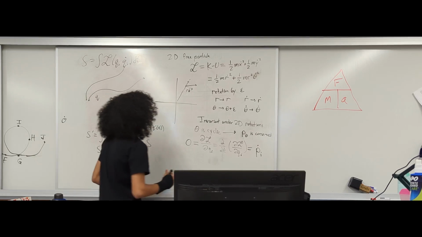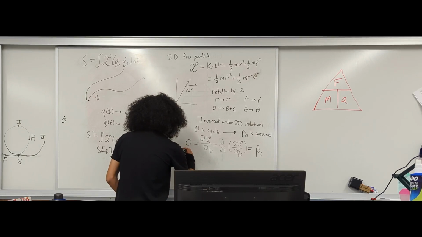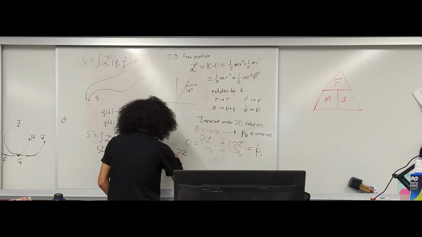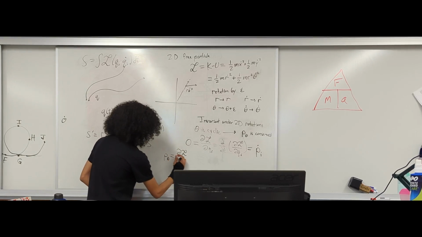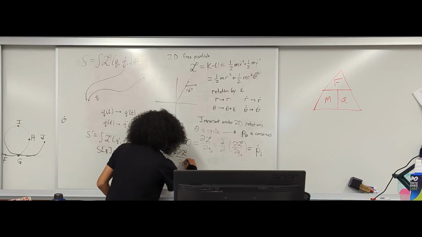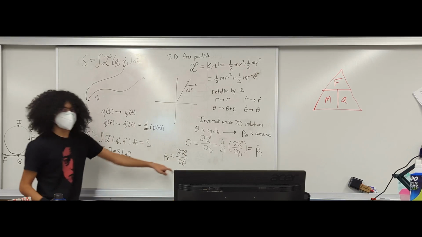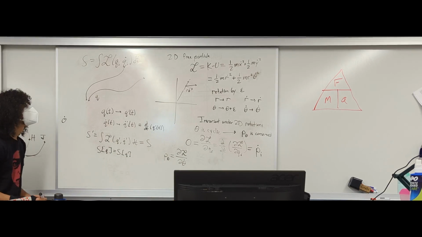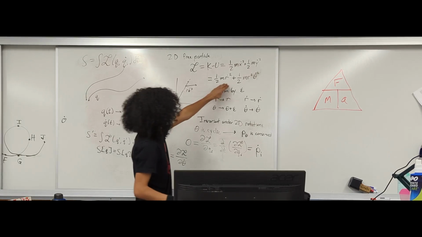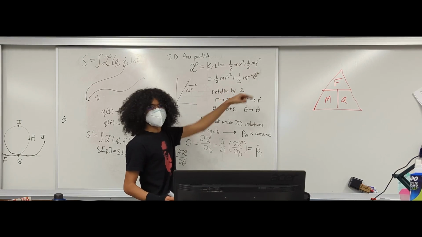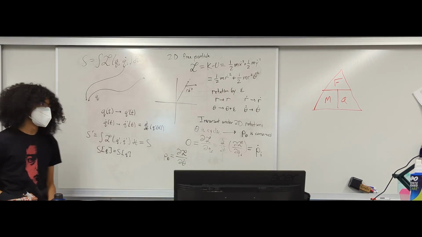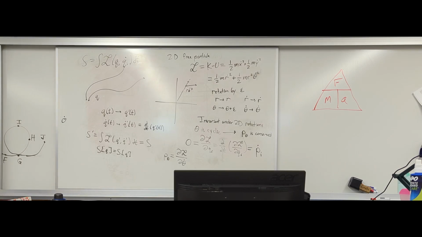Okay, so let's see what is p theta. Well, by definition, it's dL by d theta dot. This is the Lagrangian. What is dL by d theta dot? P theta.